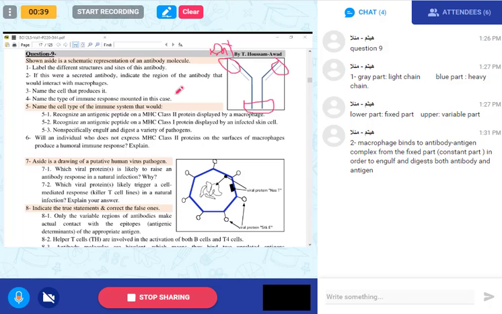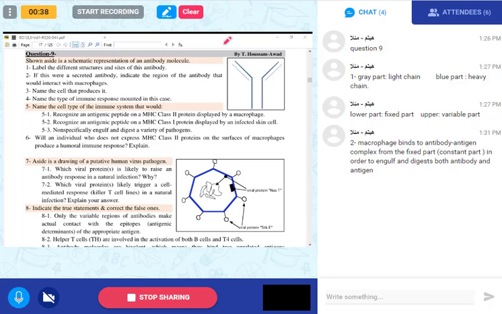Name the cell that produces it. Which cell produces the antibodies? The cells that make the antibodies, who are they? Sir, the B cells.